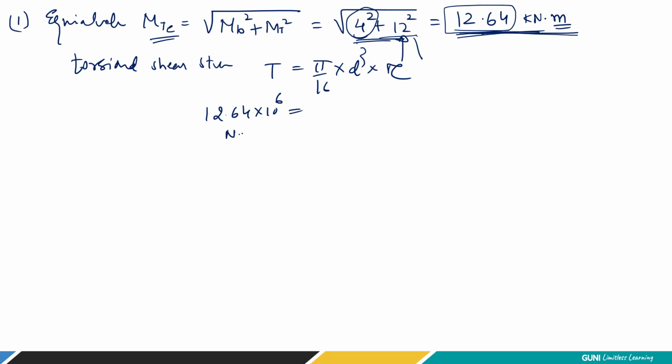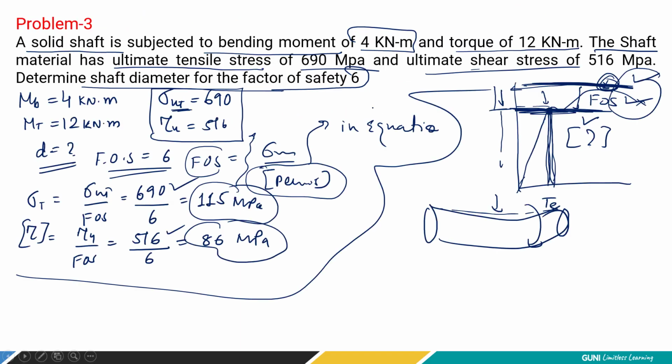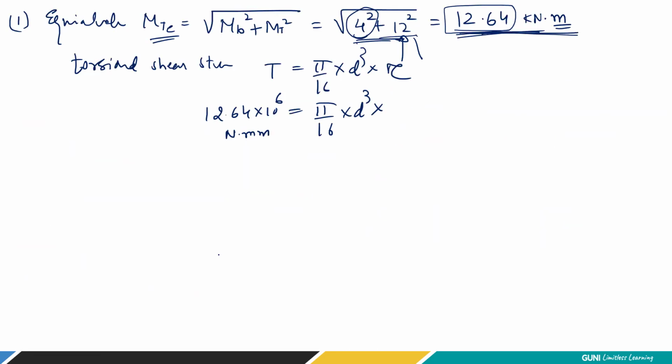So this is newton millimeter. Now pi by 16 d cubed, and we know the permissible torsional shear stress value is 86, right? So we have to use 86. Now from this, let's find the shaft diameter, that is how much it is going to be.